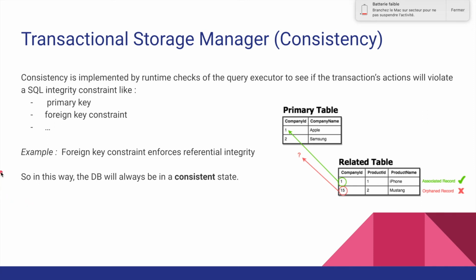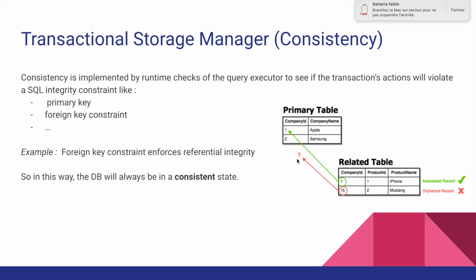For a refresher, a foreign key constraint enforces referential integrity, which essentially says that if a column value A refers to another value, this value must exist. Otherwise, it violates the foreign key constraint. So the query executor is supposed to prevent this kind of problem. In this way, the database will always be in a consistent state.